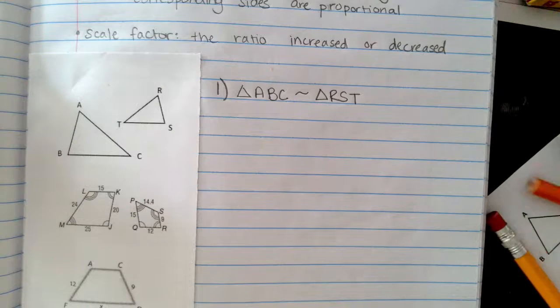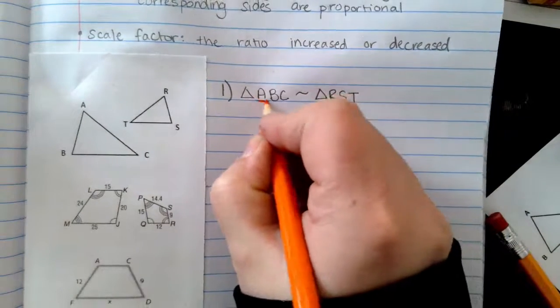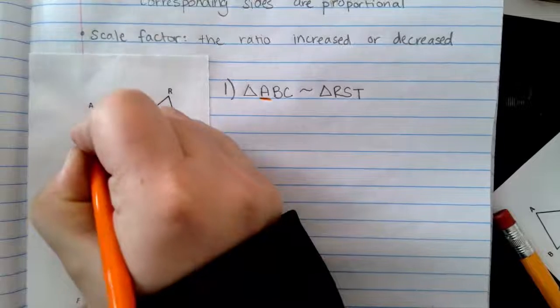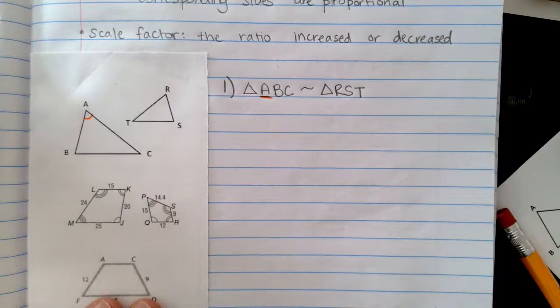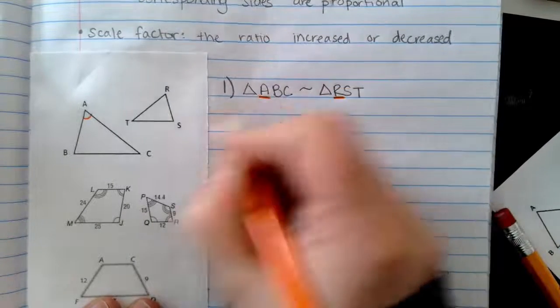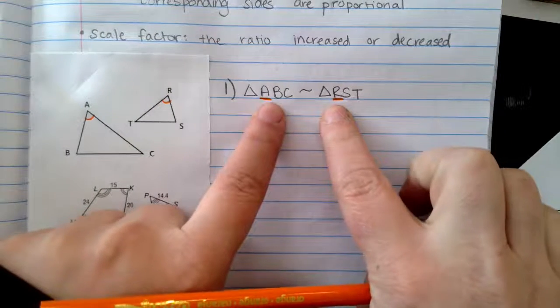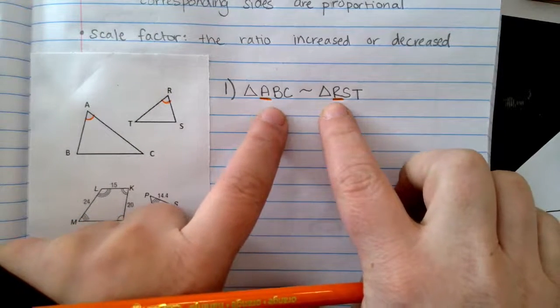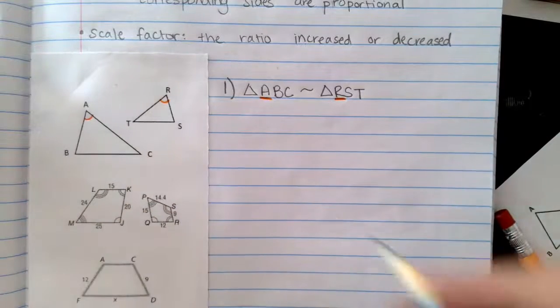So A is congruent to R. B is congruent to what? S. It's congruent to S. And C is congruent to T.